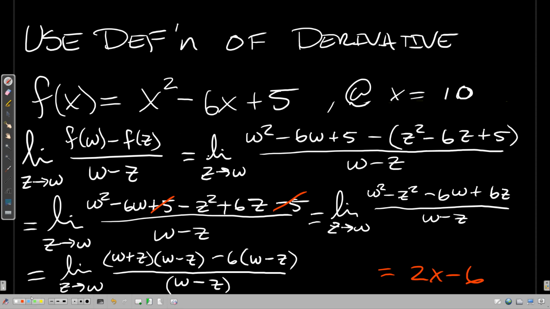So you factor out the w minus z everywhere and cancel it on top and bottom. And then you'd be looking at the limit as z goes to w of w plus z minus 6.